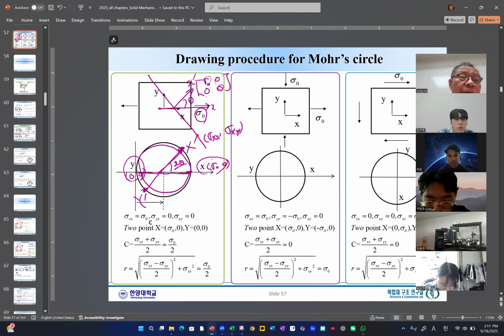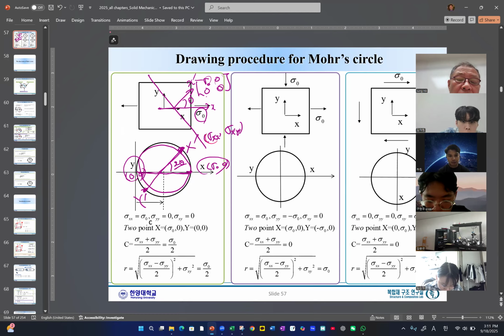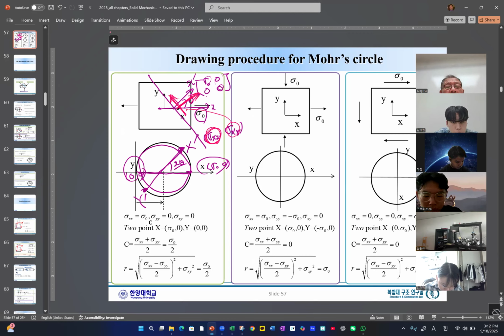This much stress will happen on this plane with angle theta with respect to x and y. Okay, that's the concept.